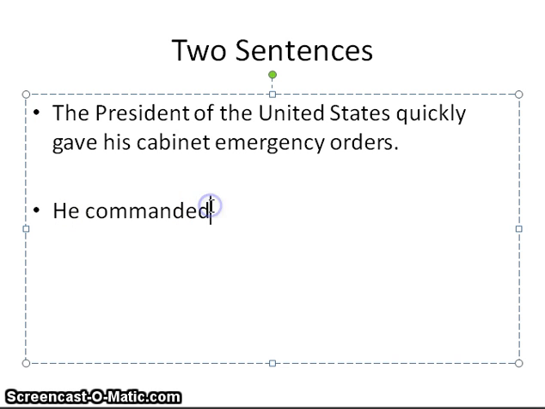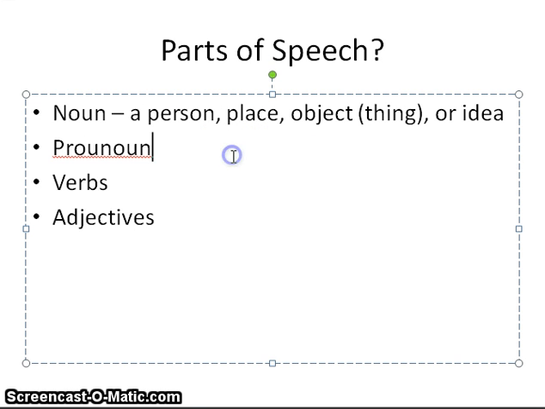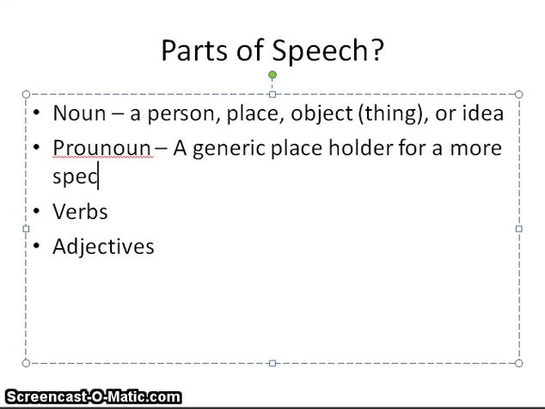So we'll refer to he as a pronoun. A pronoun, if we jump back to our definitions page, is a generic placeholder for a more specific noun, and they get their meaning from the words that have come before them in sentences.